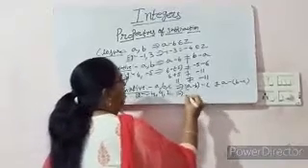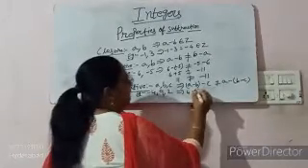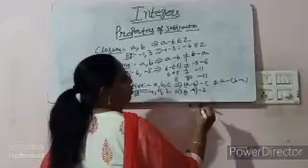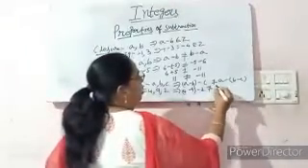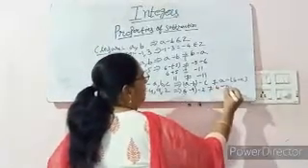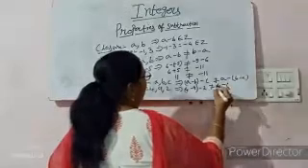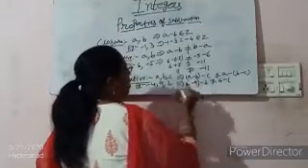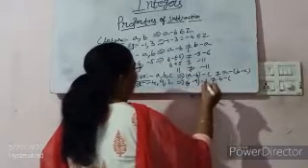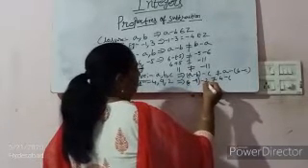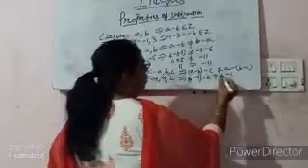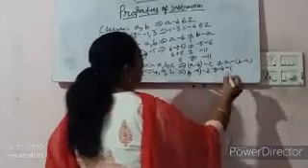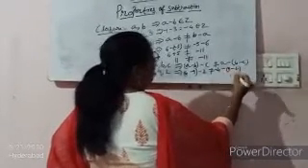So now -4 minus 9 minus 2 is not equal to -4 minus the quantity 9 minus 2.